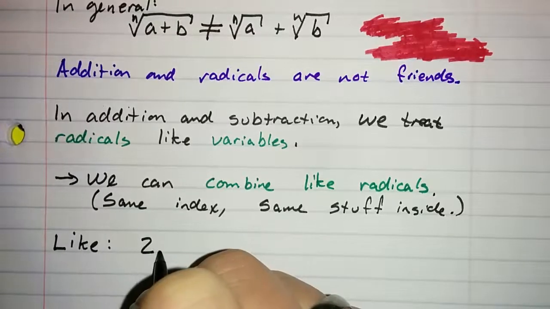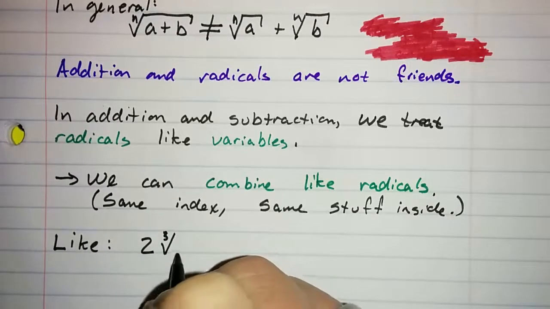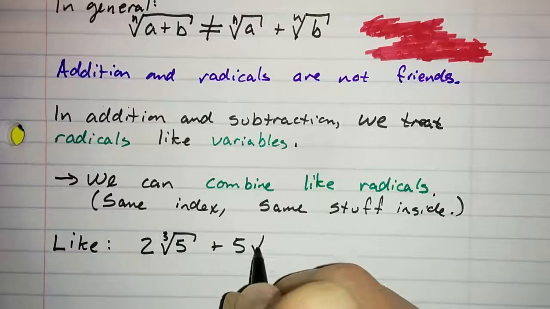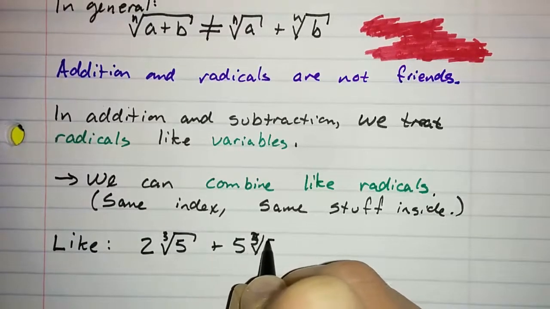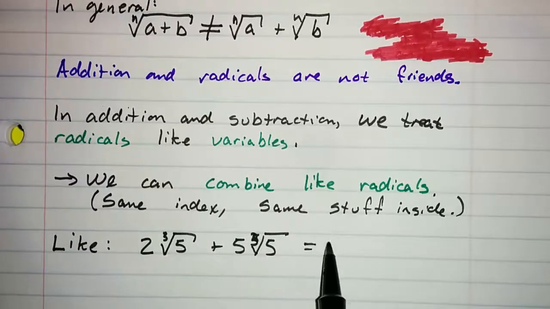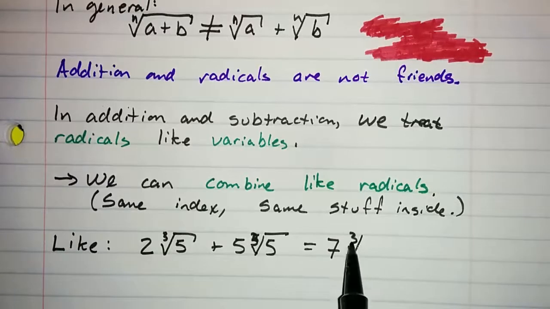So some examples of like radicals. If we have 2 cube root 5 plus 5 cube root 5, we can combine those and get 2 plus 5 is 7 cube root 5.